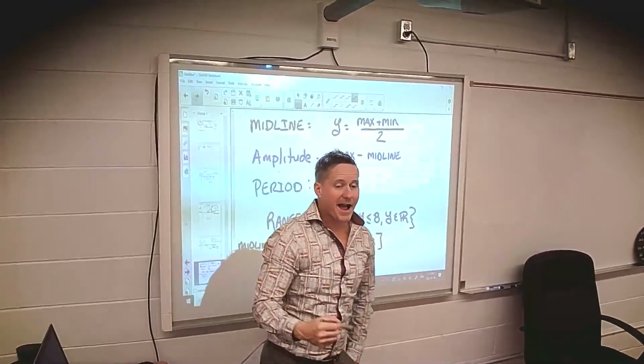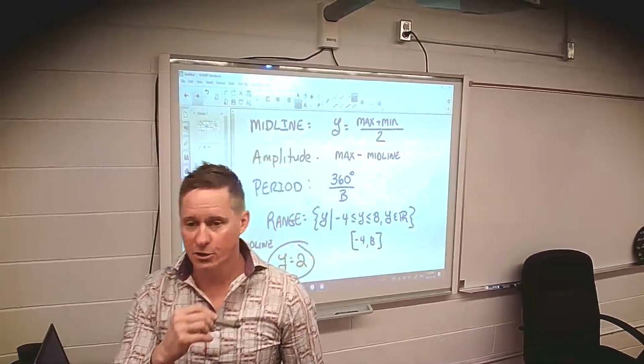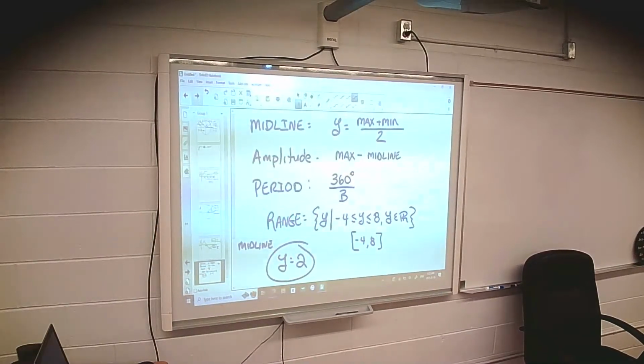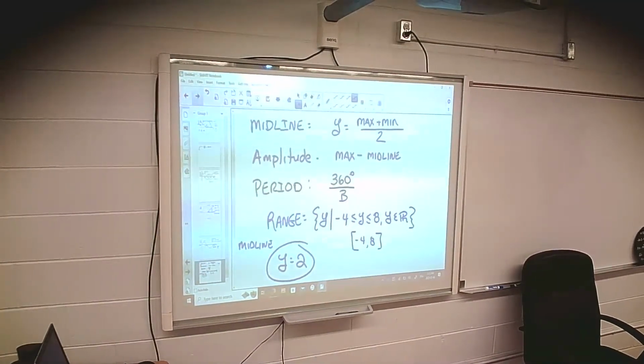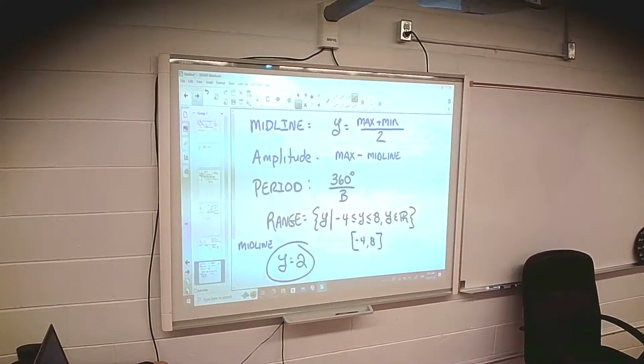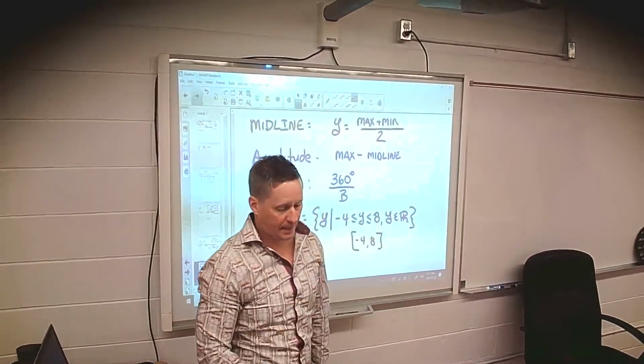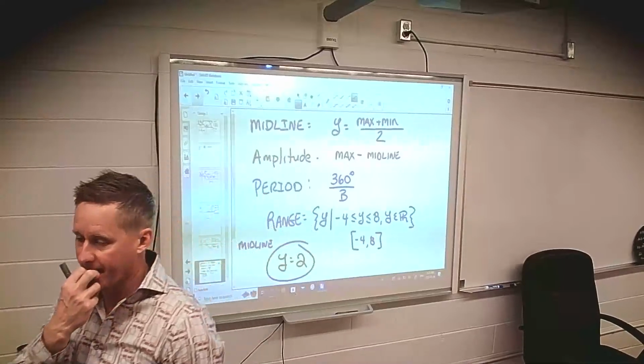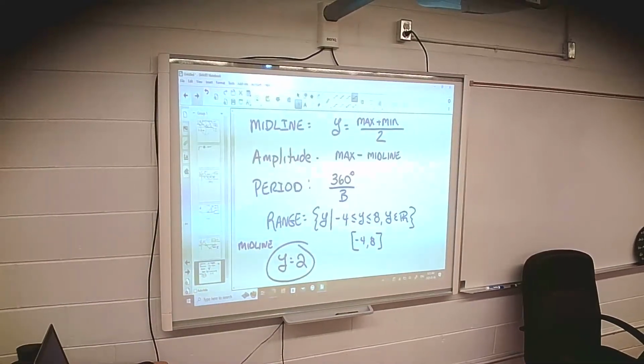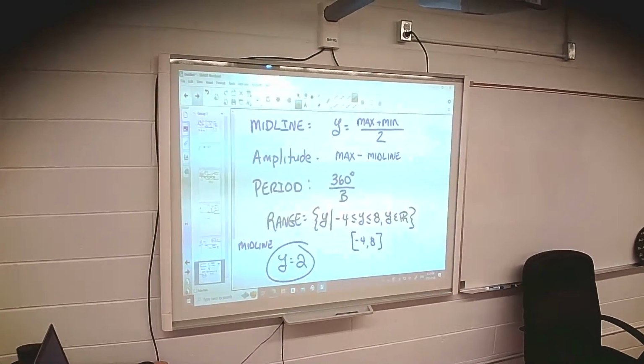Now, I personally would draw the midline in there right now. So draw a line at y equals 2 right through there. Okay? The reason I do that is because now I can easily look at the midline and say, what's the amplitude?